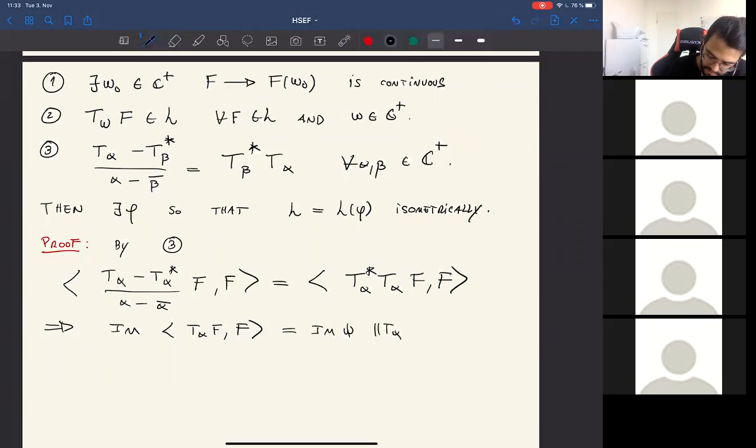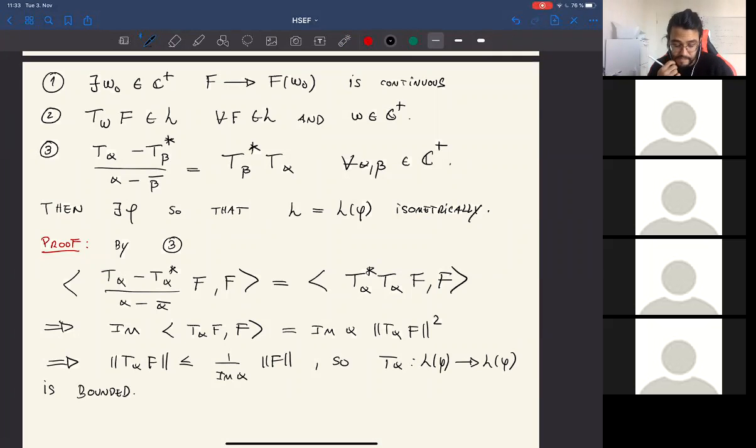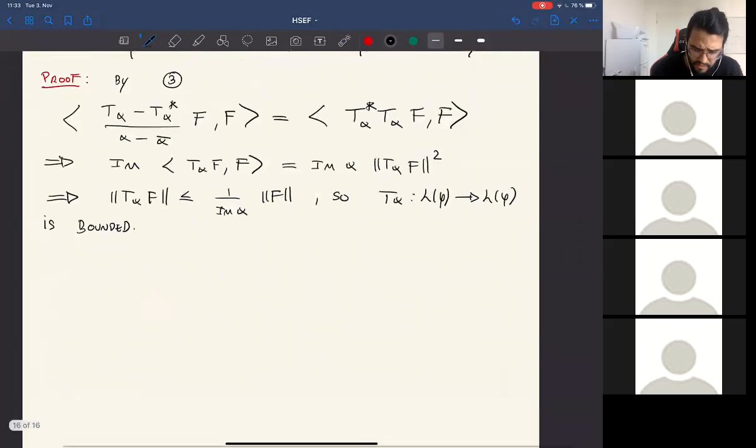Oh, this is alpha squared, then by the Cauchy inequality, again, we can show that the norm of T alpha F is less or equal than 1 over the imaginary part of alpha, times the norm of F. So the operator T alpha is bounded or continuous. Okay? Basically the same computation. Great.